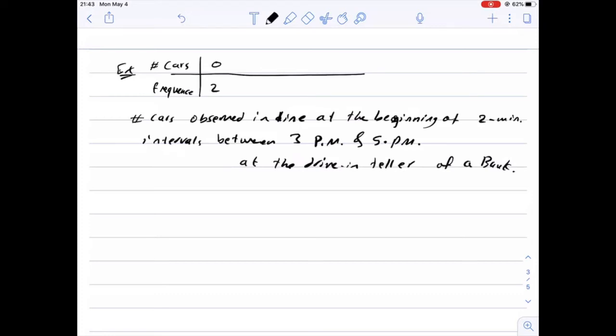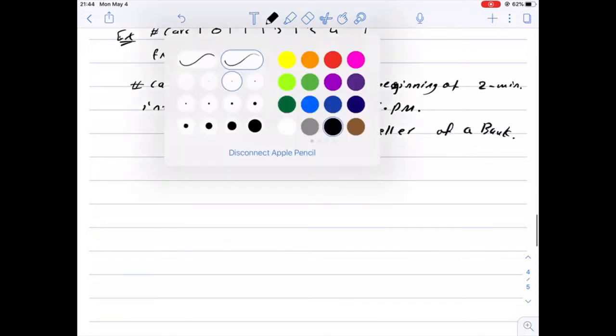So we have these values: number of cars 0 has frequency 2, 1 corresponds to 9, 2 corresponds to 10, 3 corresponds to 16, 4 corresponds to 8.